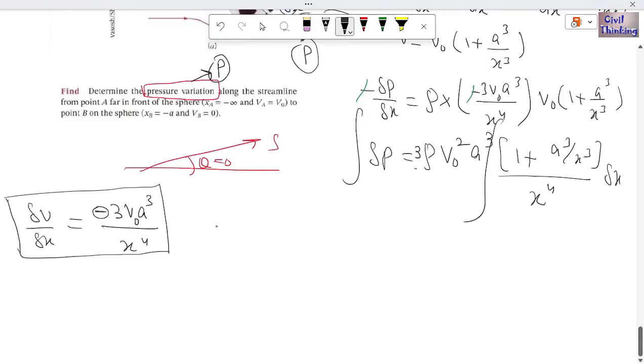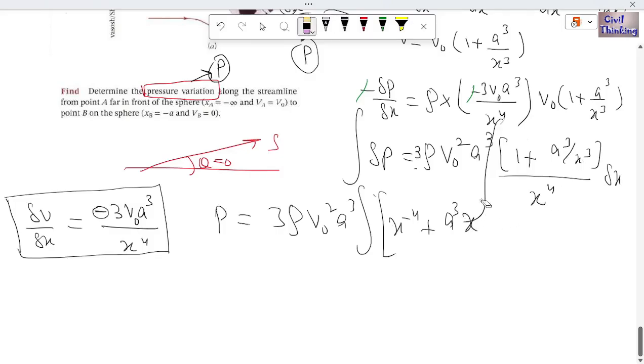So integration of delta p is p, then it is 3 rho v naught square a cube times integration of x power minus 4 plus a cube times x power, now 4 plus 3 is 7, x power minus 7 delta x.